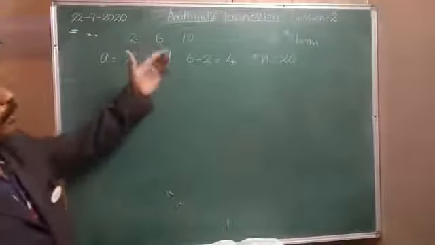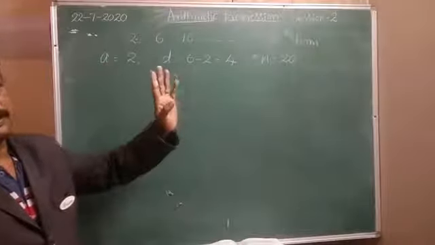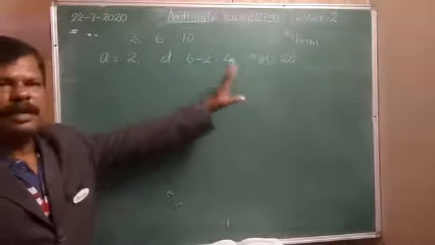So in the given question, you write down all the things that are given. Now A, D and N we know.